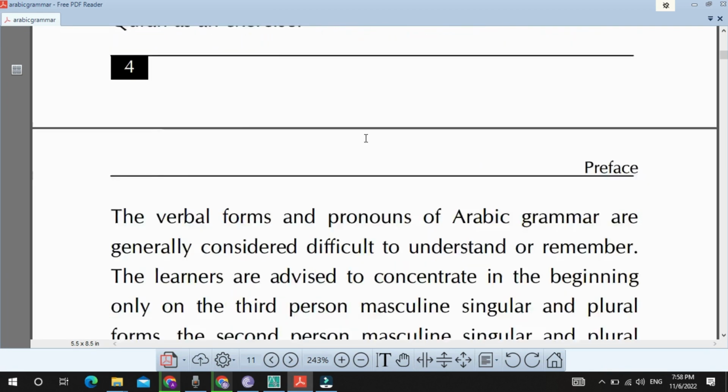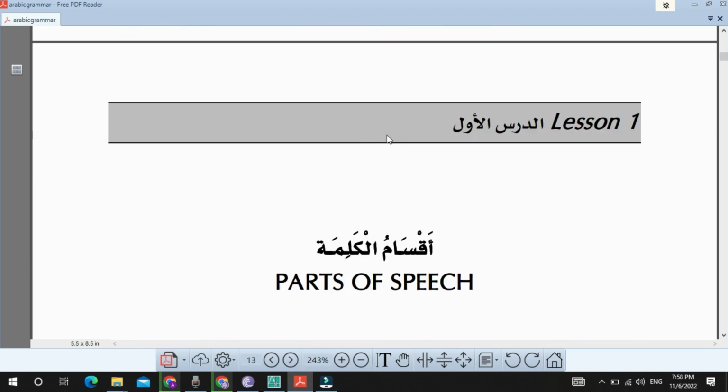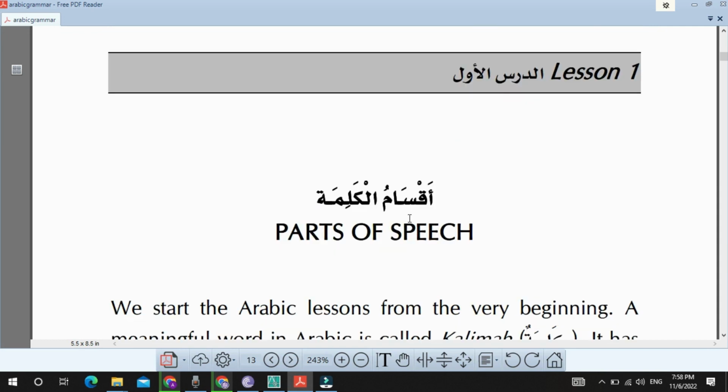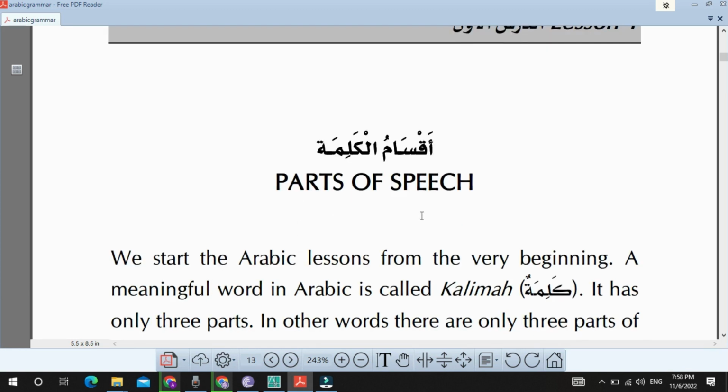This is the first lesson. Lesson number 1, parts of speech. This is called in Arabic aqsamul kalima. Aqsamul kalima, parts of speech.